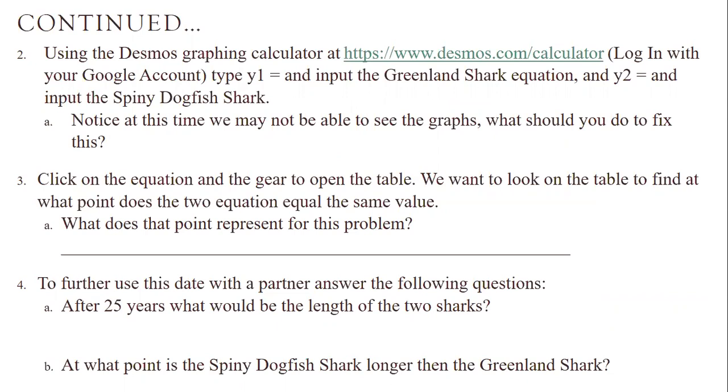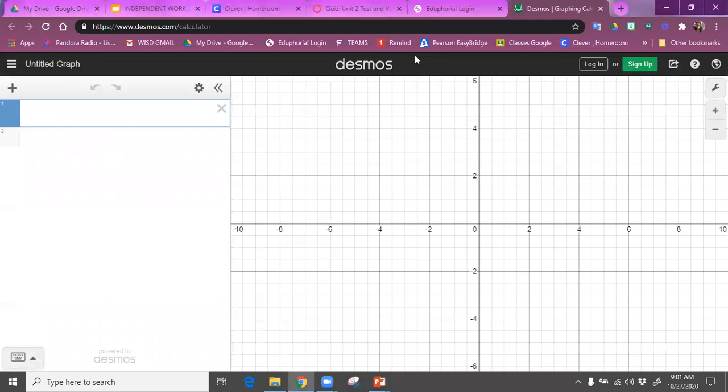Okay, so we're going to change gears here. I'm going to click here. So you just go to desmos.com/calculator, and it'll take you here.